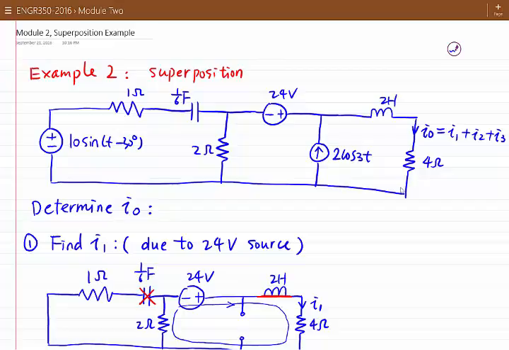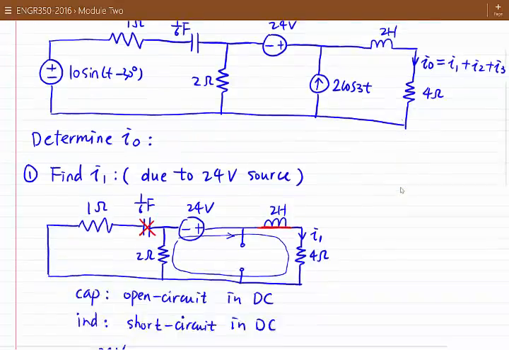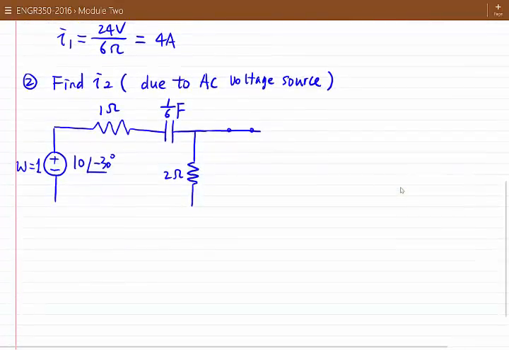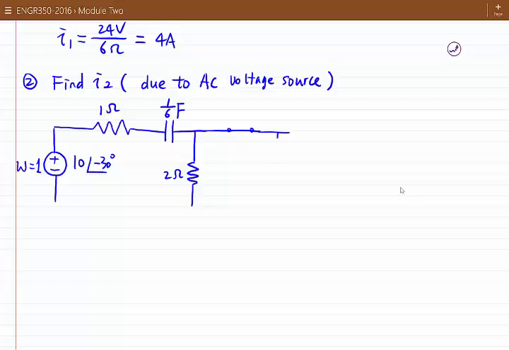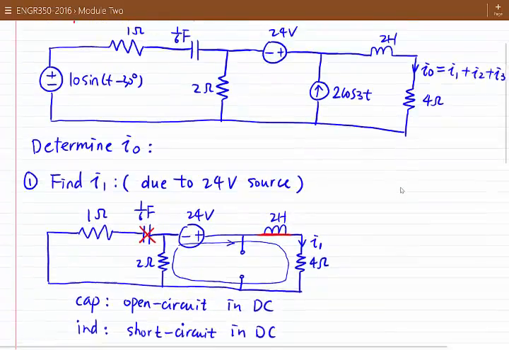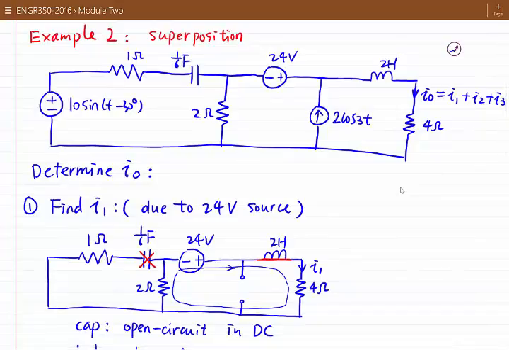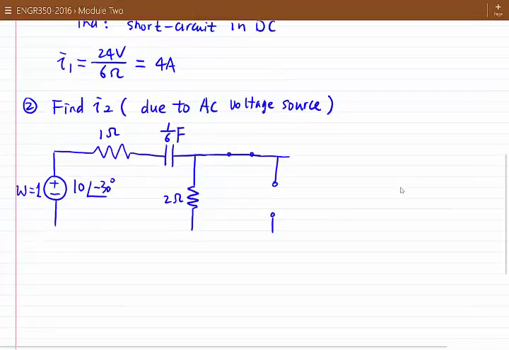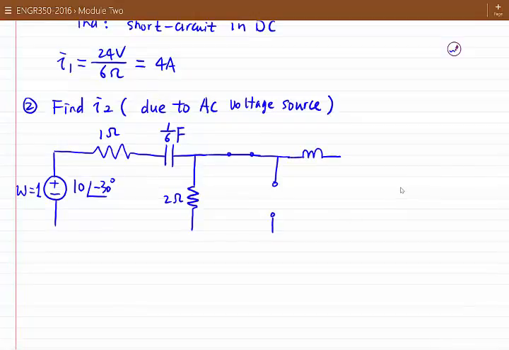When we turn off the AC current source, the current is 0, it is open circuit, like step 1. Okay, so we have 2 Henry in series with 4 ohm. We will decide the 2 Henry impedance later based on the frequency of the source.